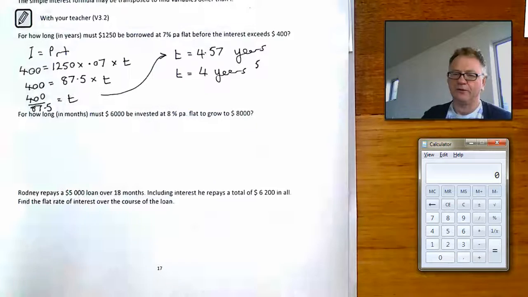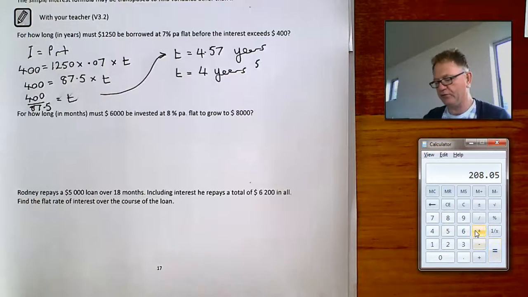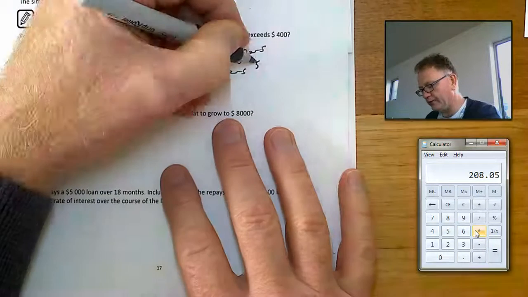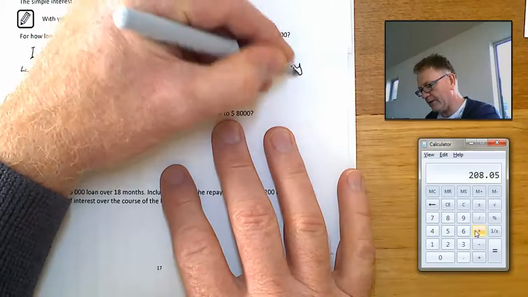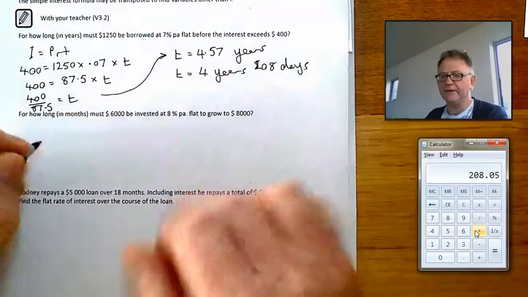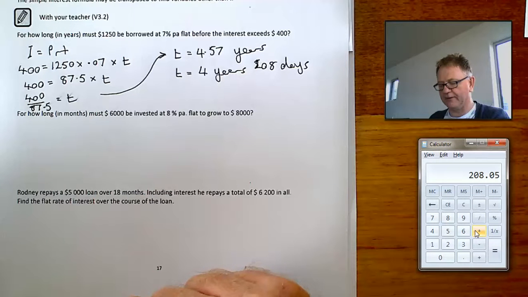So you're going to get your 0.57 and you're going to times it by 365. And we come up with 208. So it's 4 years and 208 days. So you get that decimal part and just times it by 365 if you want to get it in days.